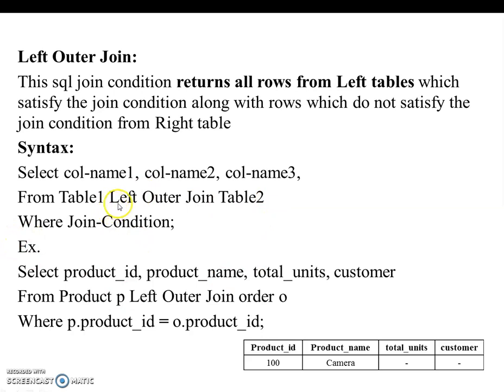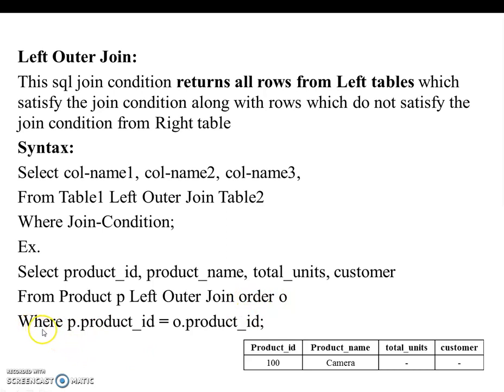You have to give the left outer join keyword here. Whatever is written before this left outer join is table 1, which is the left table, and what is written after this is the right table. And you need to specify the join condition. The example will be select product ID, product name, total units, customer from product P left outer join order O. Here P and O are nothing but the instances created for the product table and the order table.